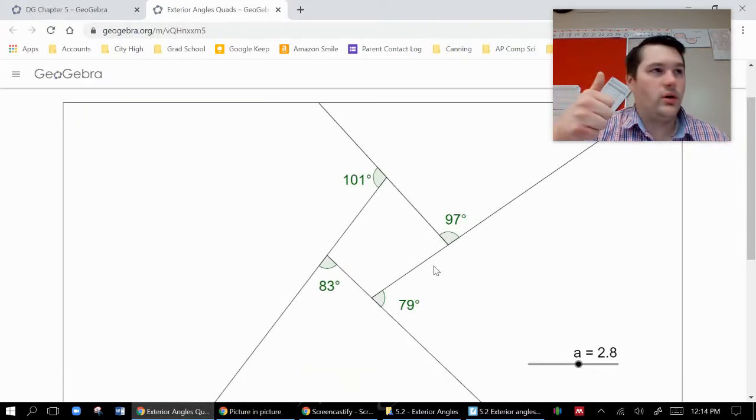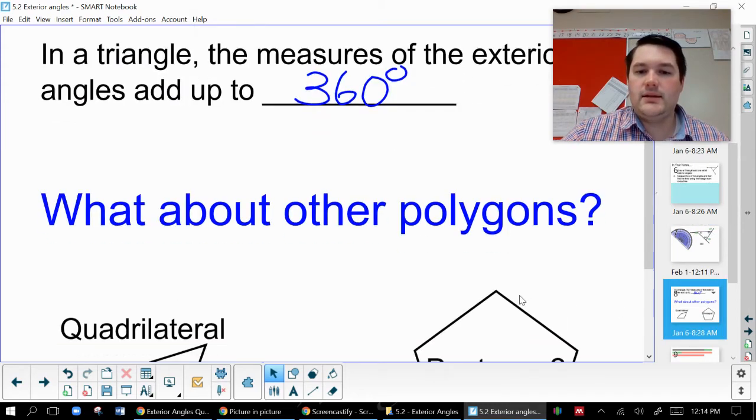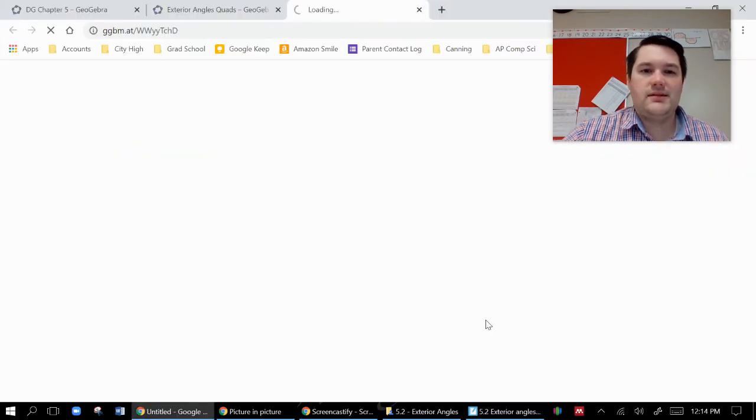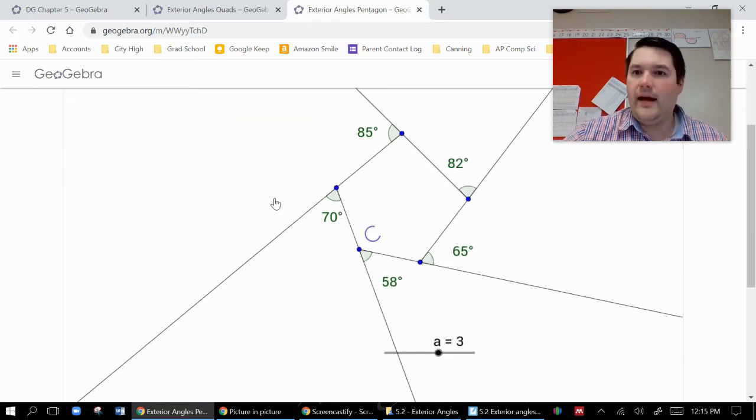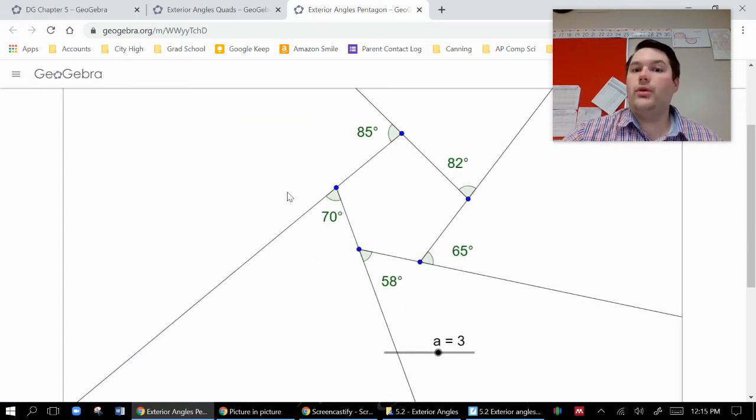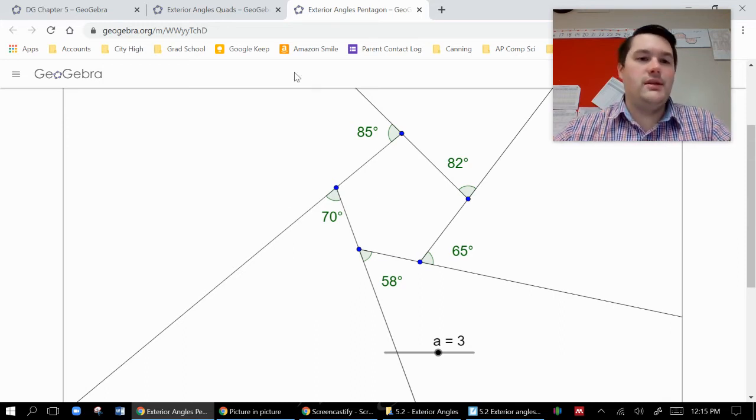So there's one more, but they're all just a little bit smaller. They're not quite as big overall. Then if I were to go back and look at pentagons, you're going to notice kind of the same idea here. Each angle itself, on average, is a little bit smaller, but there's more of them. If you double check, they all still add up to 360 degrees.